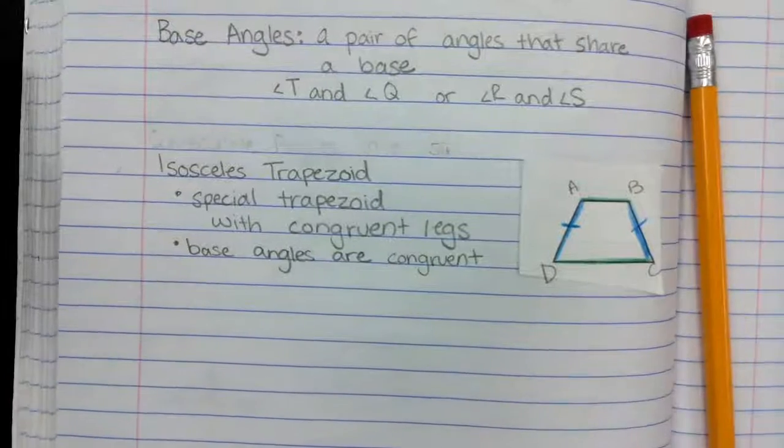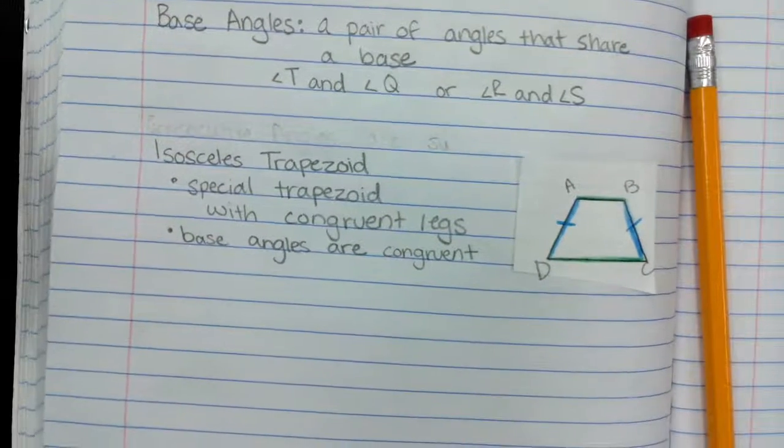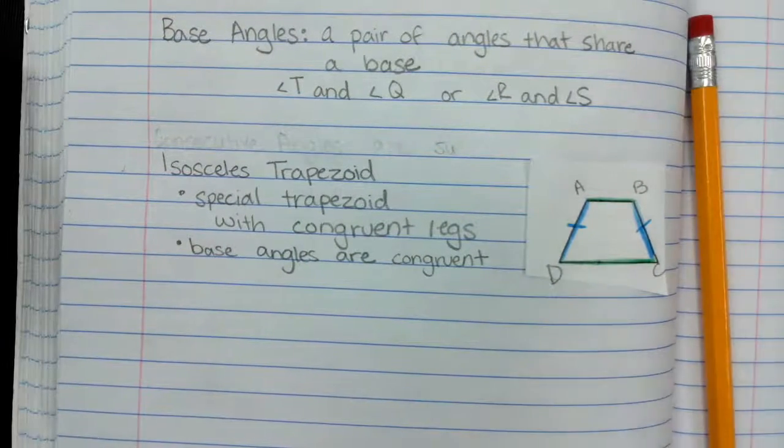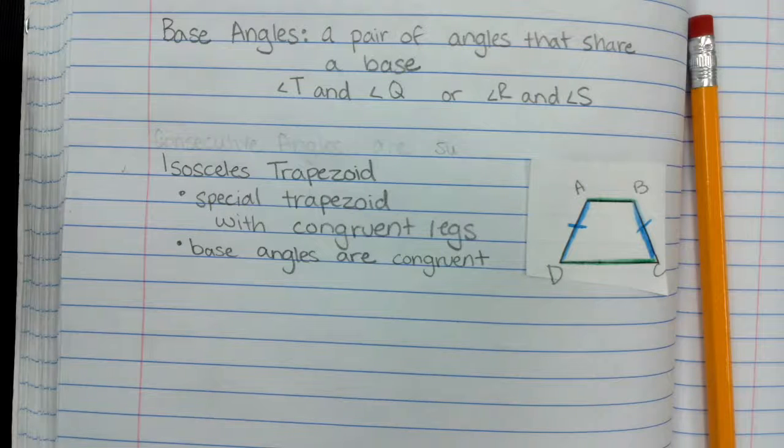So what's one pair of base angles we have in our trapezoid A, B, C, D? There's 4 angles. I want to know which 2 angles connect with a base, are touching because of a base.